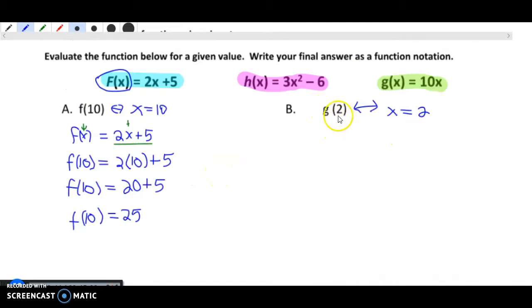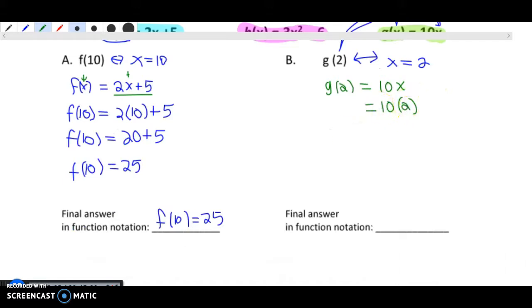Let's try to find g of 2. Again, we're going to use the g function, and we have the input. So x is the input. We're going to replace x with 2. And it's going to go over here. And then that's going to go also over here. You can start with the equation.